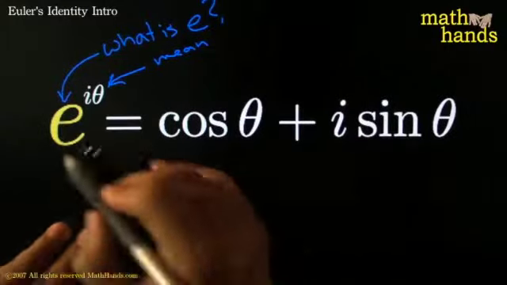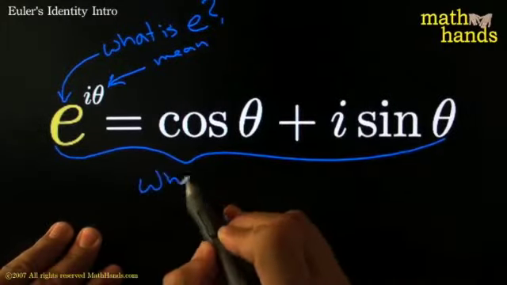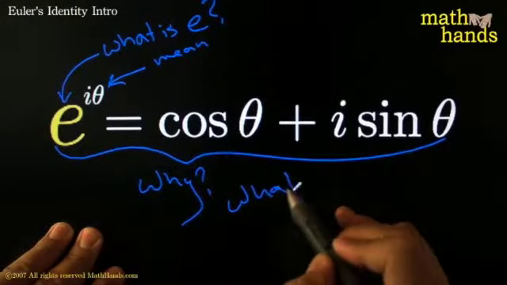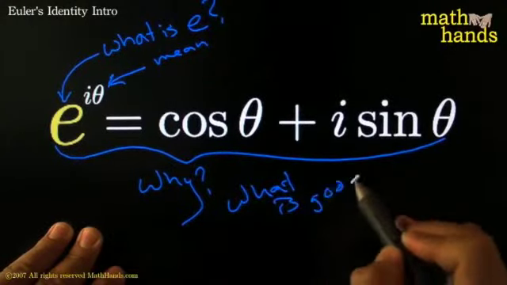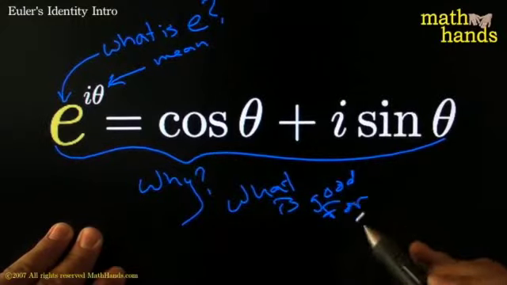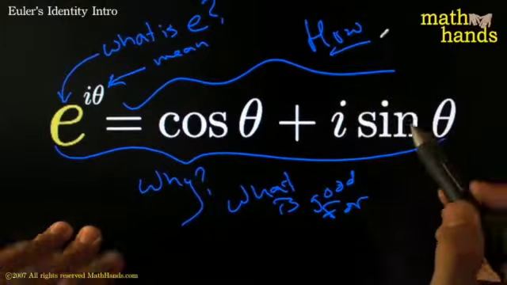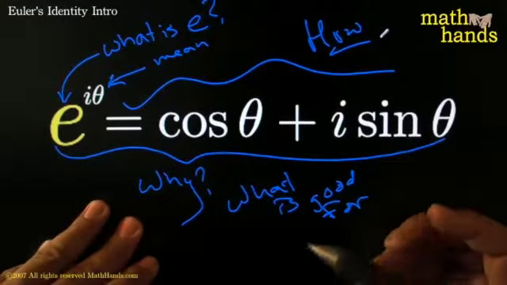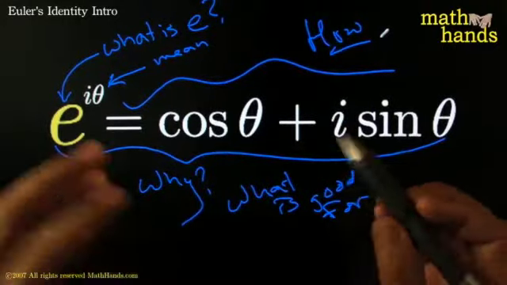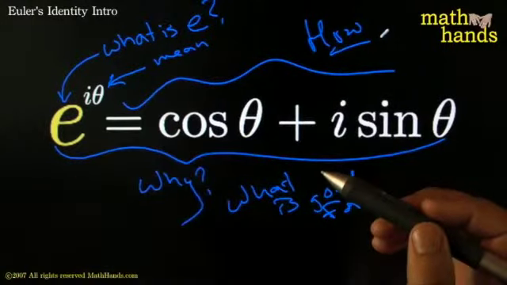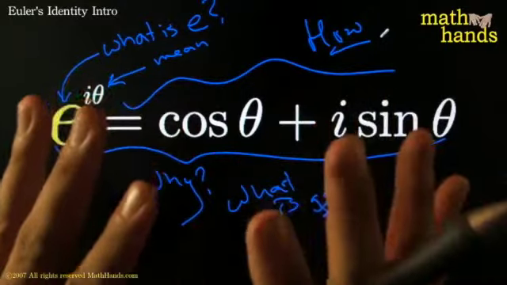Of course, E was made famous by Euler, the constant E, and of course i and theta. And what does that mean? And why is this true? And for what? What is it good for? And how do you actually use it?